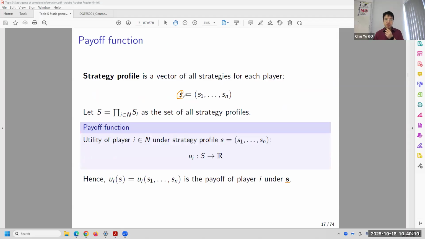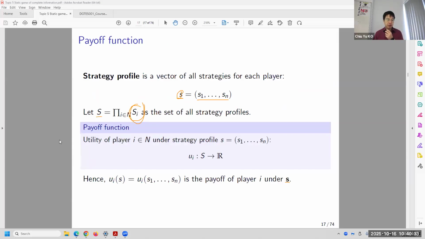Without the i, it means a vector of the list of everyone. And the capital one means the set. S_i, the big S_i, is clear: it's i's set of strategies, and big S is everyone.